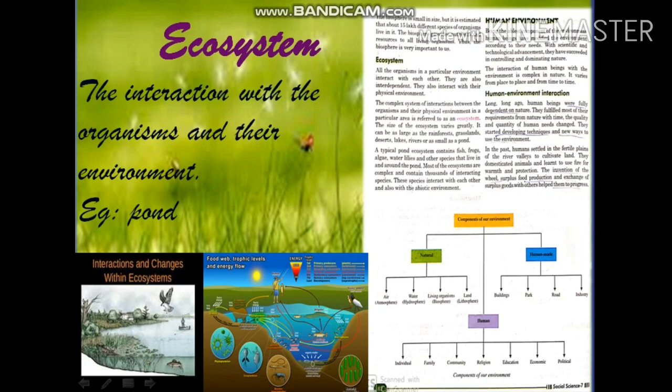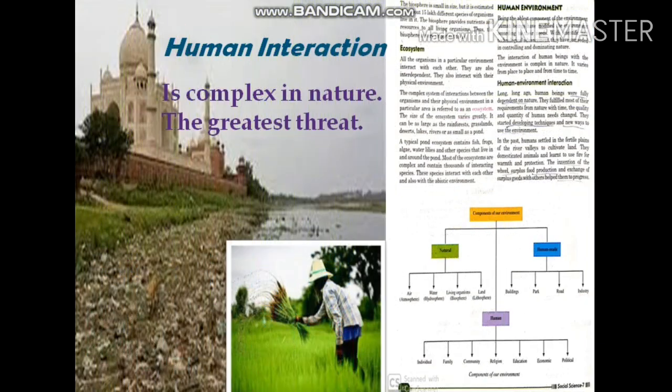My dear ones, do you ever think about the interactions of human beings with the environment? Which are the problems faced by the present world and how can we solve it? The interaction of human beings with the environment is complex in nature. At first, we were fully dependent on nature.